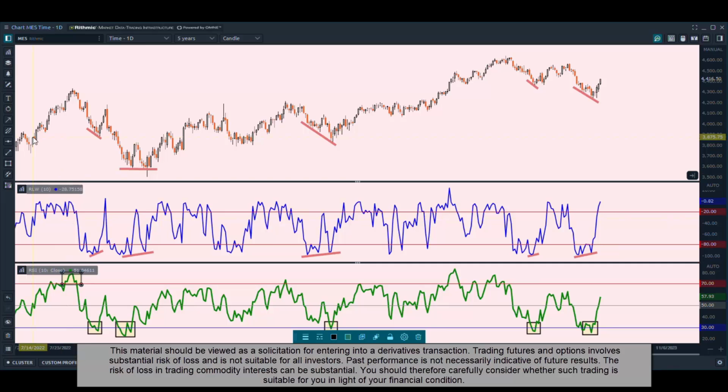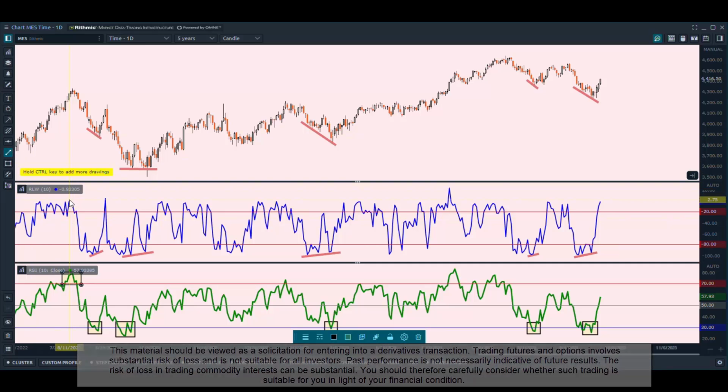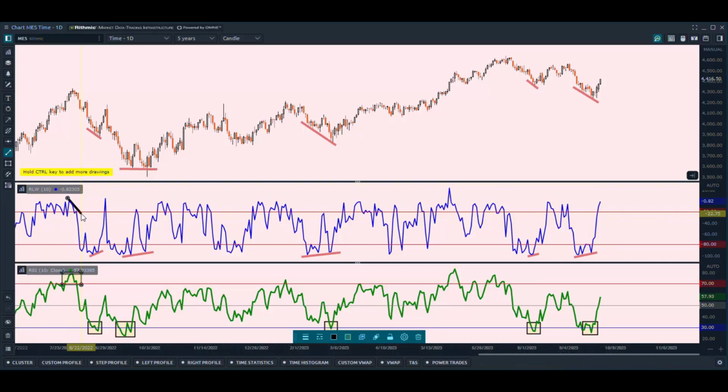Now, if you do look here, there was extremely slight divergence. You had pretty much your close here on August 14th, and then a higher high here on the 17th of August of 2022. So these divergences can be what I like to call mathematical divergences, meaning that sometimes you can't even see it.